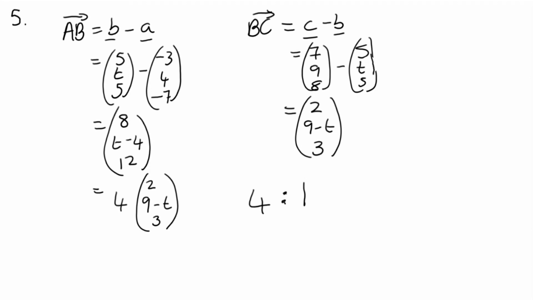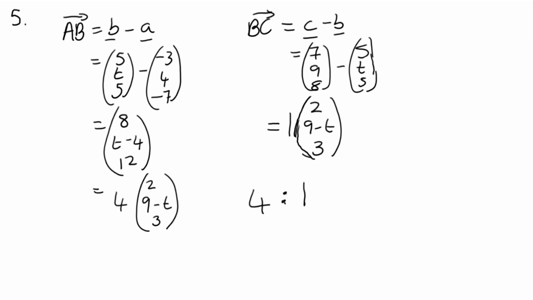If you want, over on this right hand side, you can write the 1 to remind you that 4 lots of (2, 9 minus t, 3) for AB, and BC is 1 lot of (2, 9 minus t, 3). So that's why it's ratio 4 to 1.